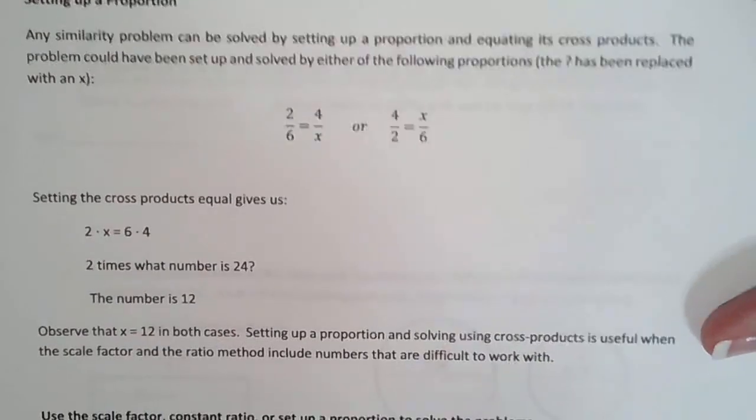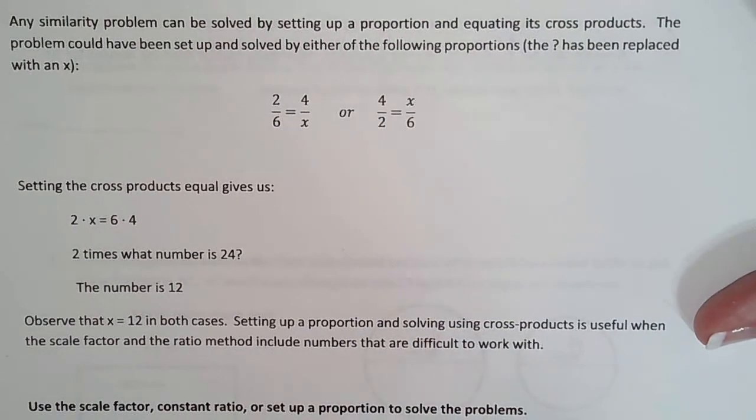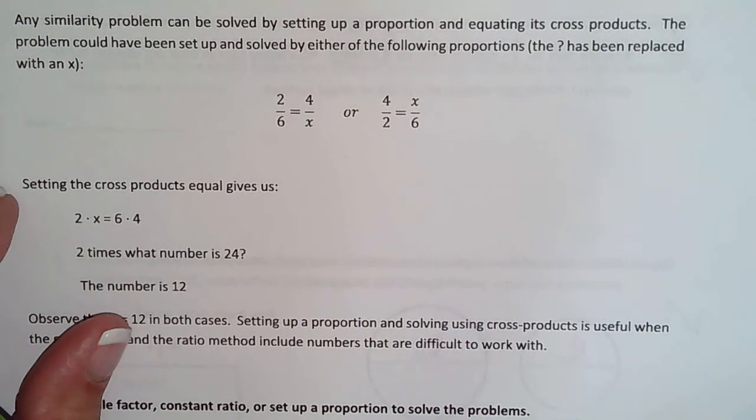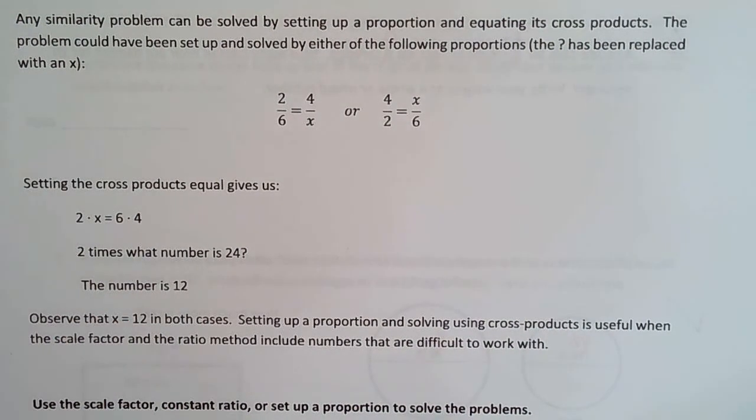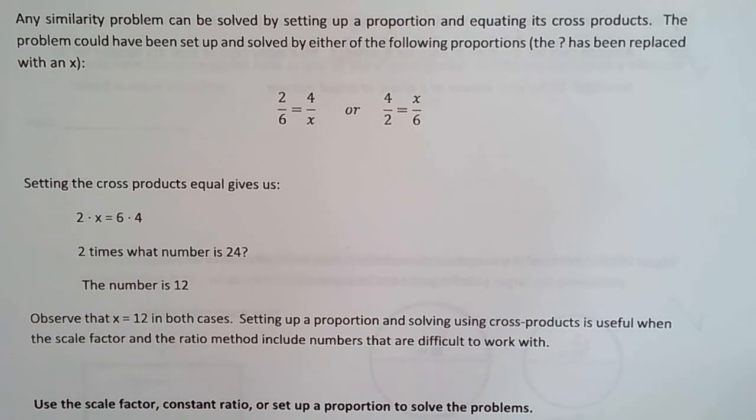So any similarity problem can be solved by setting up a proportion. So that's why we said that they're proportional. And we had a little bit of this in Module 3. Remember how you had gas to miles, gas to miles? Remember all those proportions we did in Lesson 9 together in that really long video? Yep. So we can do the same thing with similar.